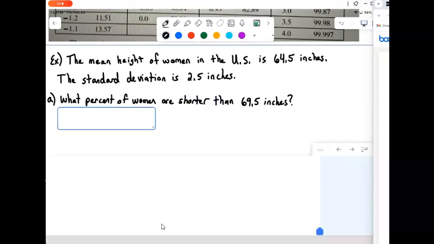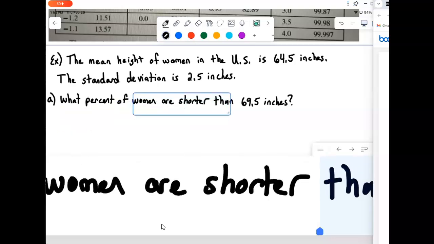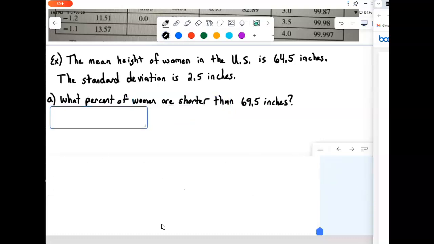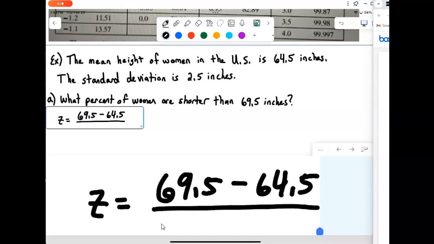Okay. So what we would do here, well, let me not get ahead of myself. First thing we're going to do is compute our z-score, and then we'll address the shorter problem in a minute. So z-score is always our data value minus our mean, and then divided by the standard deviation.